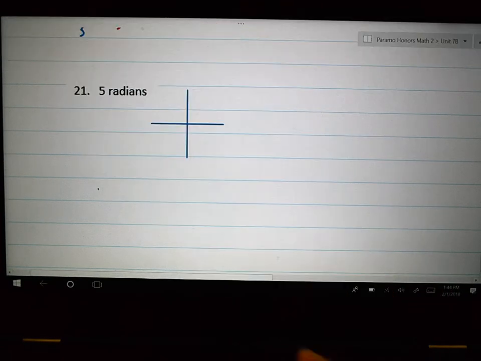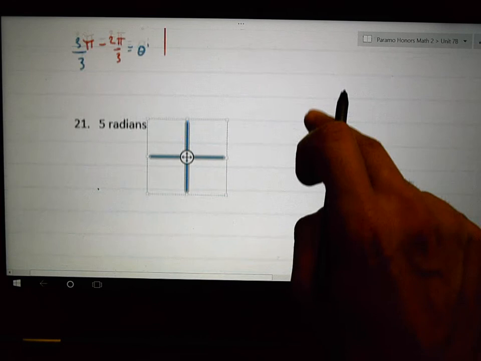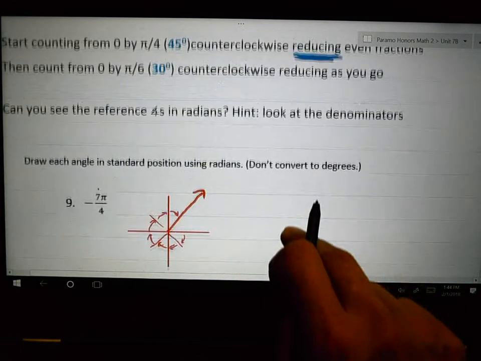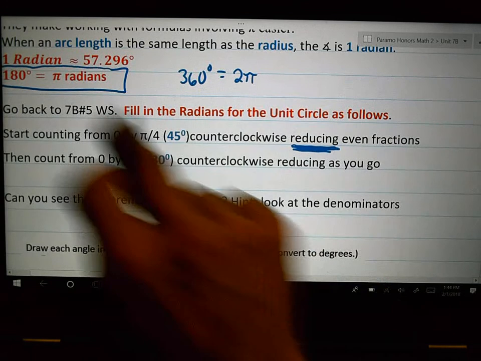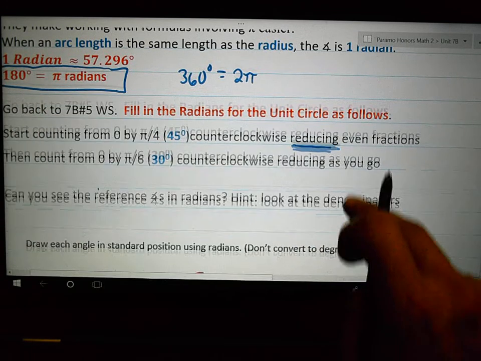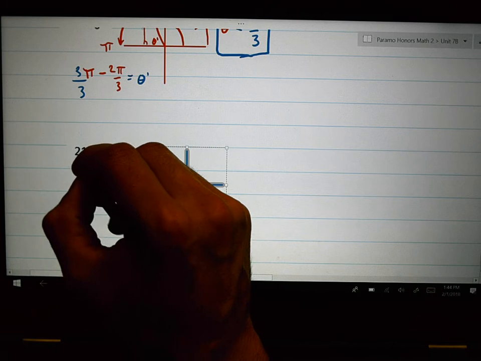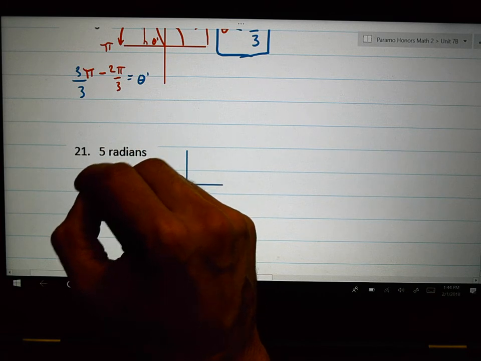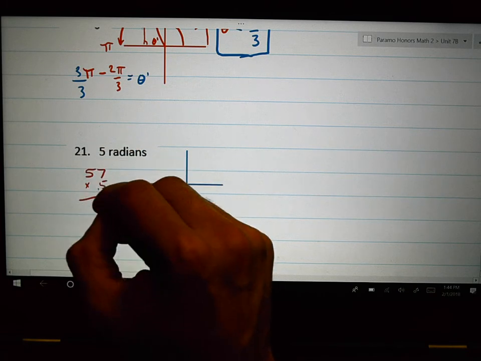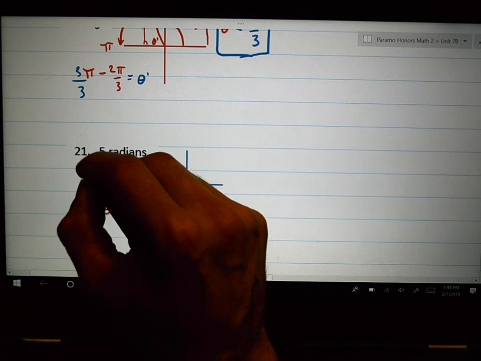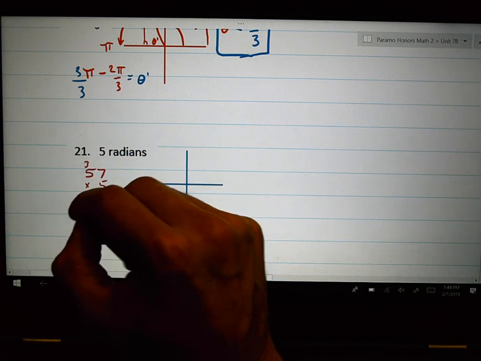Now 5 radians, let me see what that's about. Let me go over here to this definition. 1 radian is 57 degrees-ish. 57 degrees times 5. It's about 285 degrees.